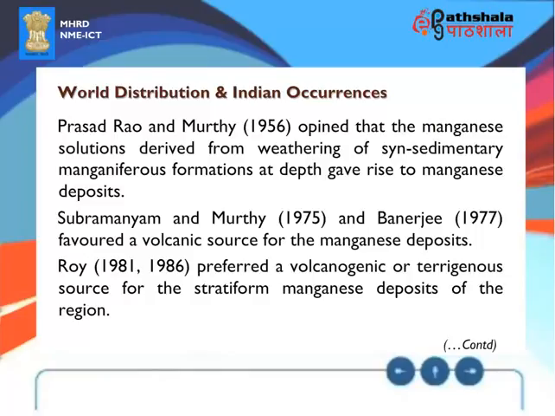Subramaniam and Murthy, 1975, and Banerjee, 1977, favored a volcanic source for the manganese deposits. Roy, 1981 to 1986, preferred a volcanogenic or exhalative source for the stratiform manganese deposits of the region.